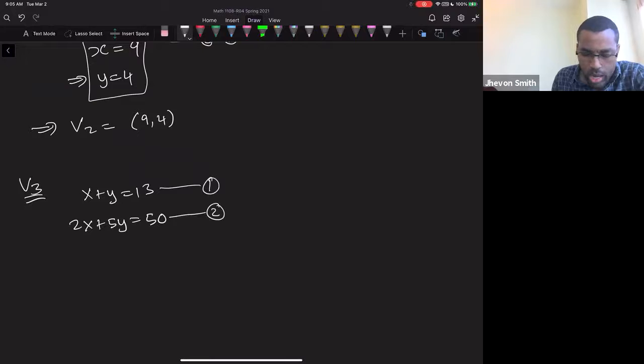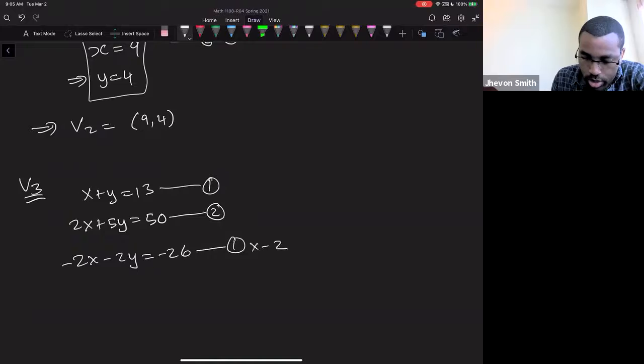Okay, so call this equation 1, call that equation 2. What we can do is say multiply equation 1 by 2. Or I guess if you want minus 2. This is equation 1 times minus 2. And then now I can add them. Call this equation 3. What I'm going to do now is add equation 2 and equation 3.